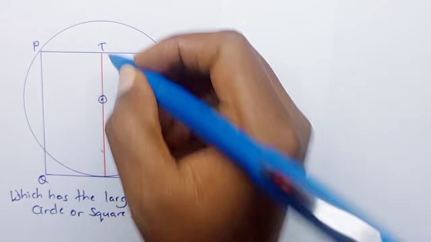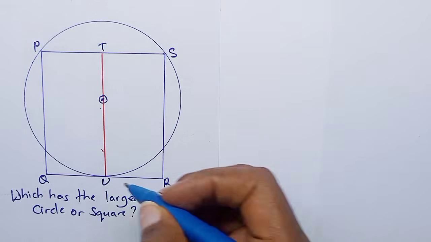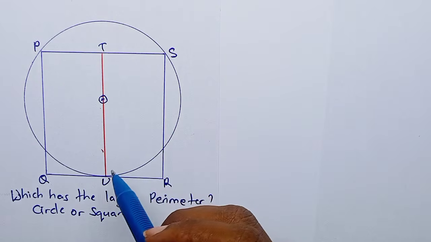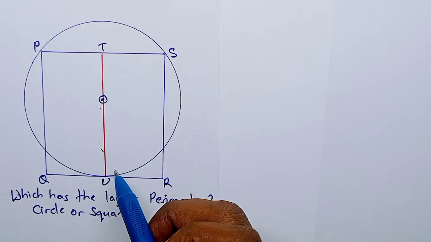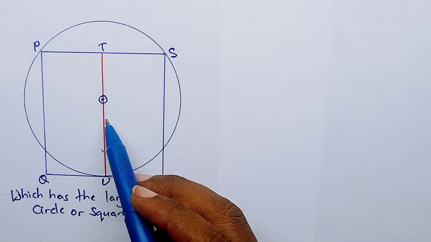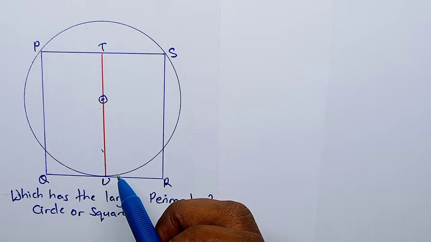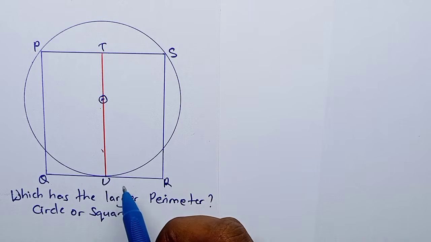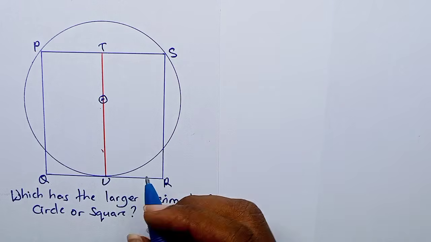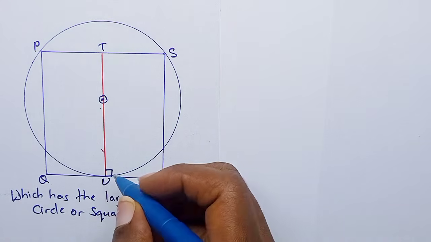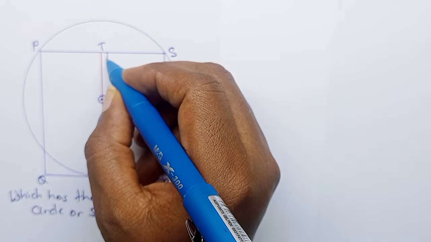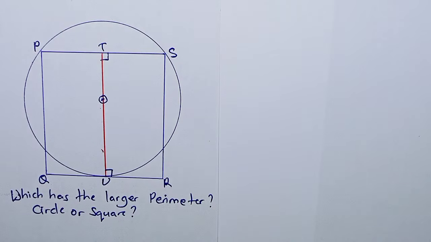I'm calling this point T and this point U. Due to the tangent to a circle theorem, a radius to a circle is perpendicular to the tangent line. So this is 90 degrees. So if this is 90 degrees, this is also 90 degrees.